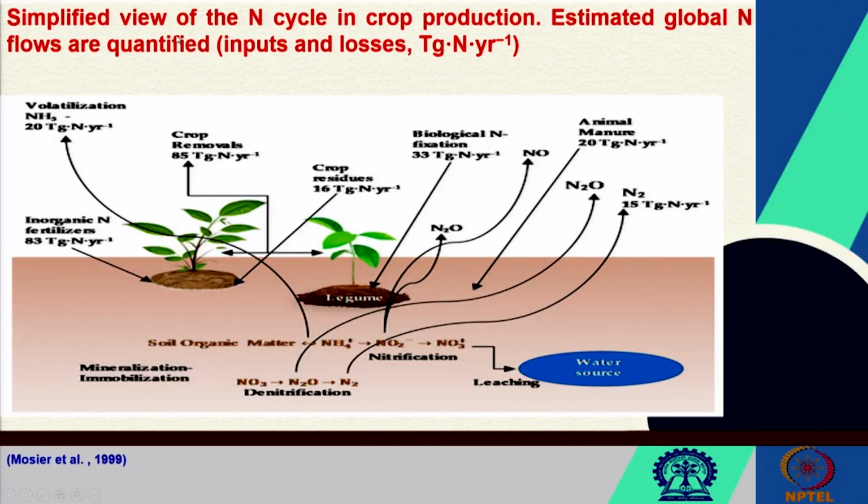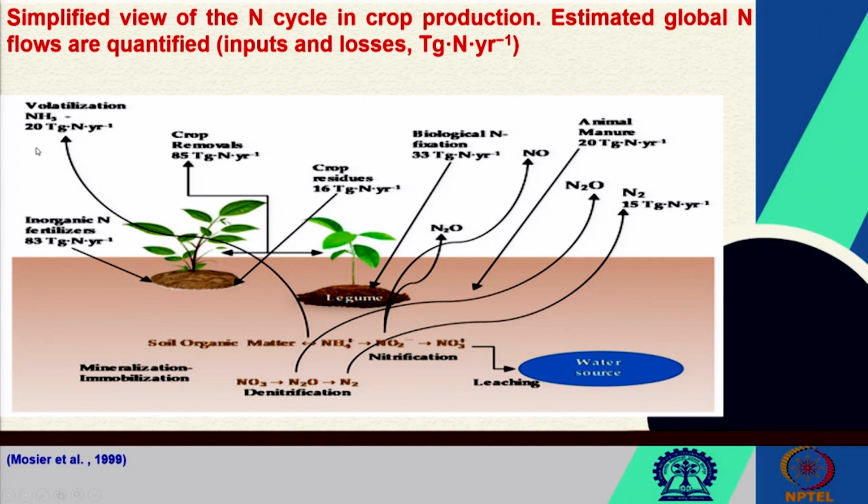So, this is a simplified view of the nitrogen cycle in crop production, and from here you can have an idea about the amount of nitrogen in different inputs and fluxes, and how different soil nitrogen processes are impacting the loss or gain of nitrogen. We can have a very good idea.